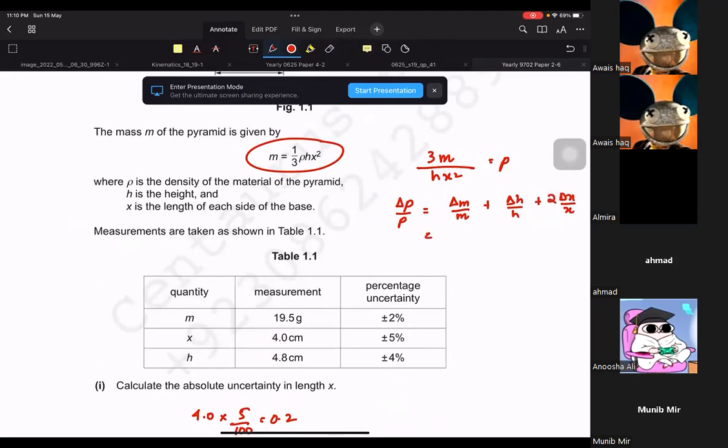So m over m is just 2%. You don't need to do anything. Percentage is given. h is 4% and x is 2 times 5%. So that would be 2 plus 4 plus 10. That would be 16%.